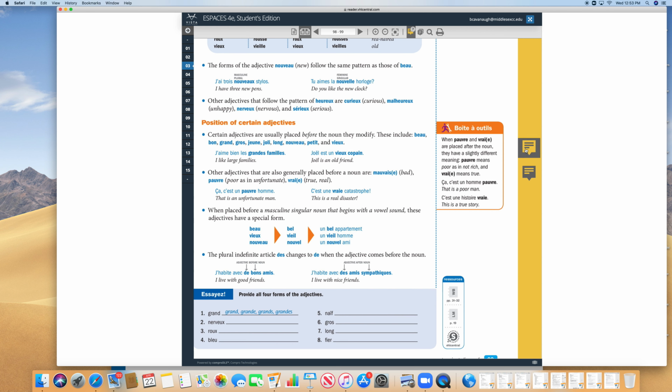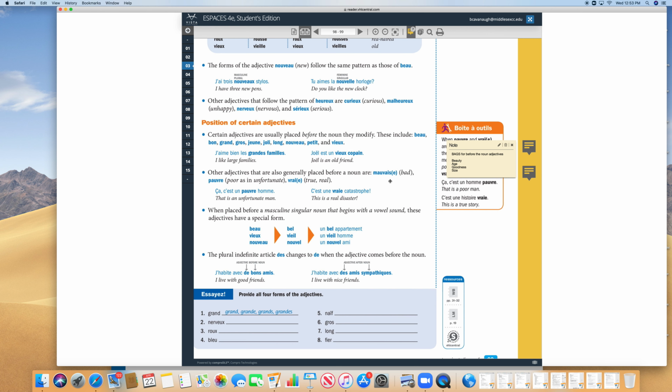There's an acronym for this, BAGS, to remember which adjectives come before. Beauty, age, goodness, size. So this is beauty. This is age, vieux, jeune. What's size? Grand, petit. Beauty, age, goodness, size. You have mauvais, that's goodness. So that comes before.